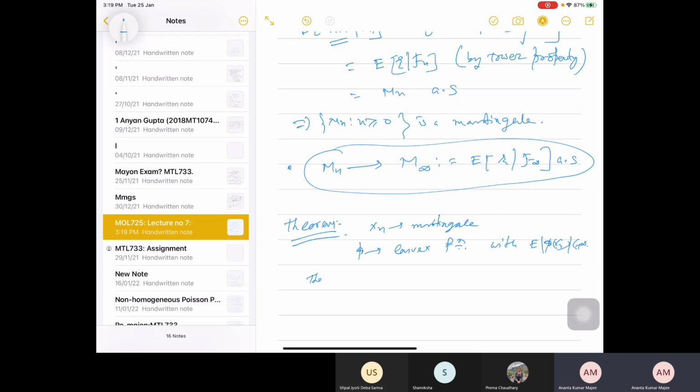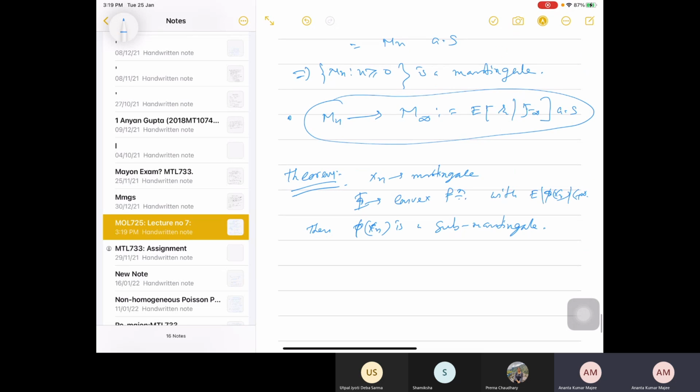Then what can you say about phi of Xn? It is a submartingale. So for a given martingale I can always construct a submartingale. You can construct many submartingales. This is given by this theorem.